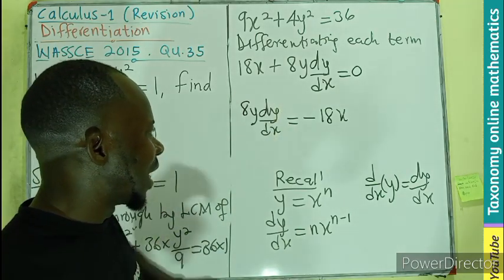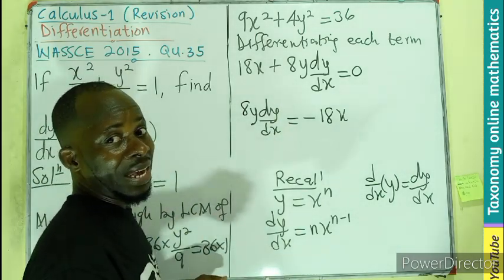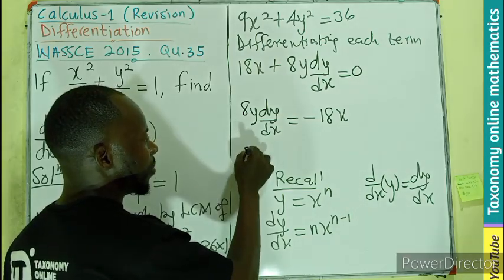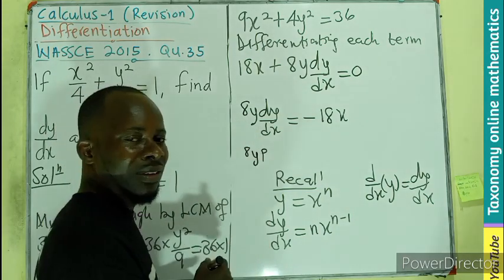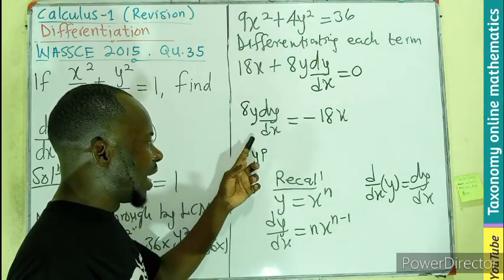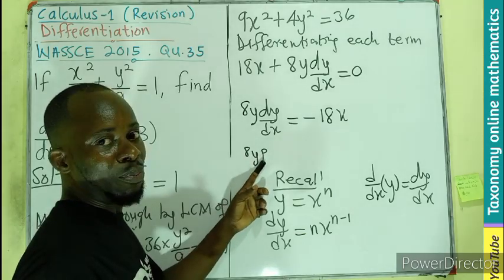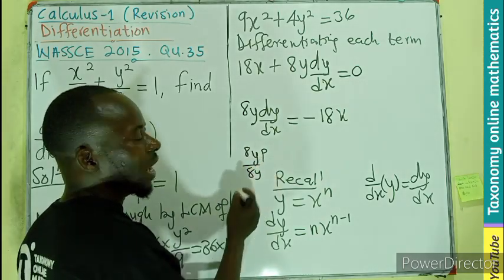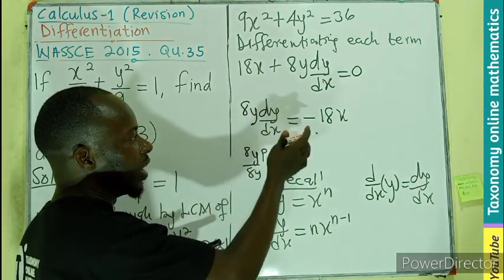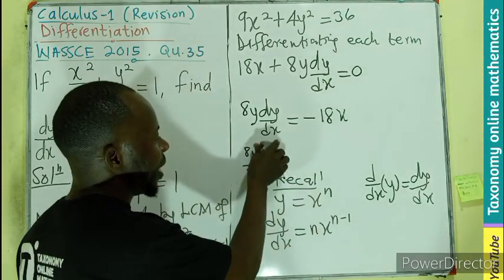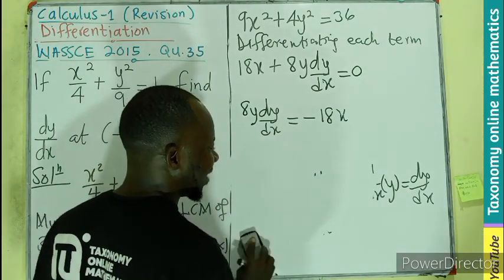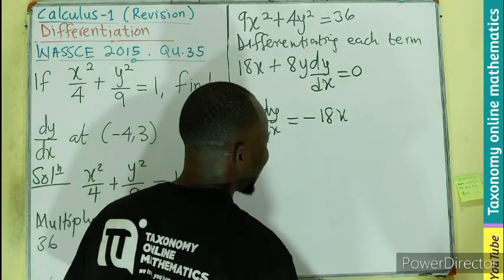We are picking dy/dx, which can be taken as, let's say, p. It will become 8y times p. So in order to eliminate the 8y away from the p, we divide by the 8y. The same way, you are going to divide both sides by 8y.